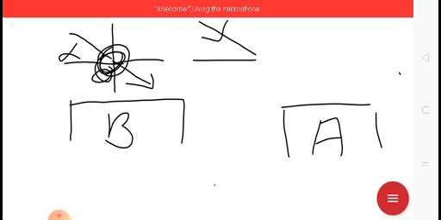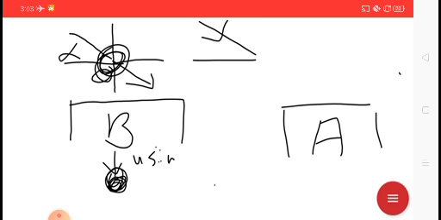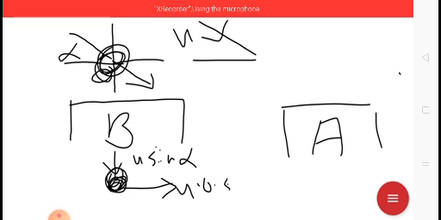So you will have two components. If you resolve it, and say the approach velocity is u, the resultant, then the vertical component will be u sin alpha, and the horizontal will be u cos alpha.